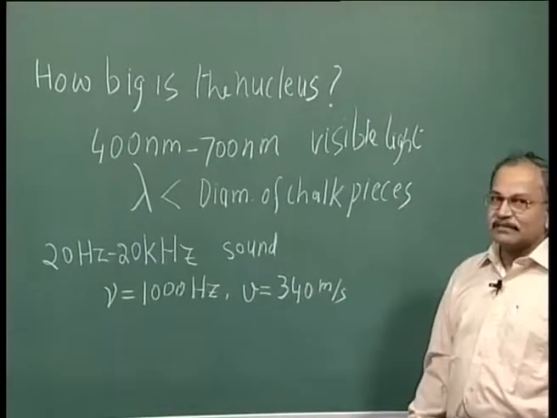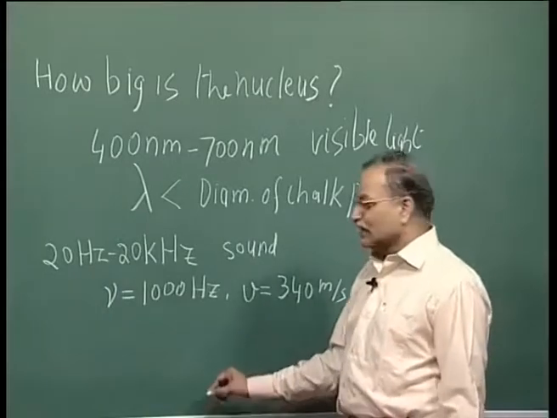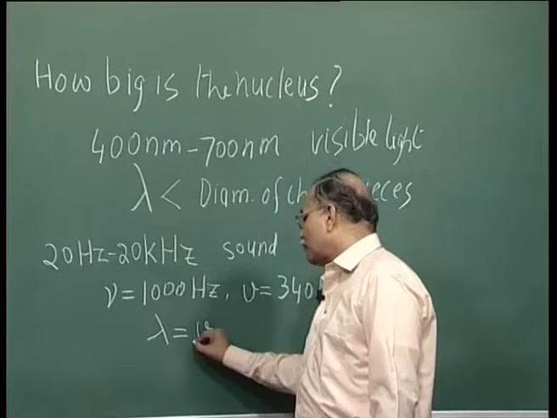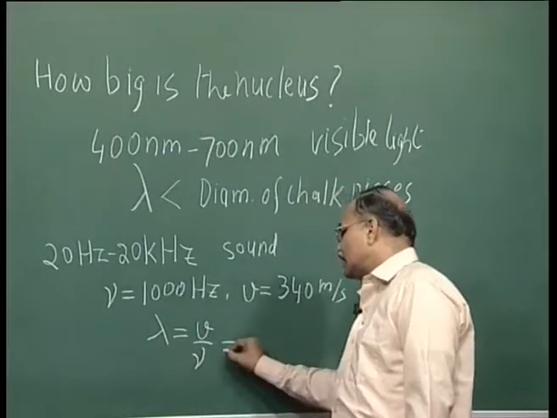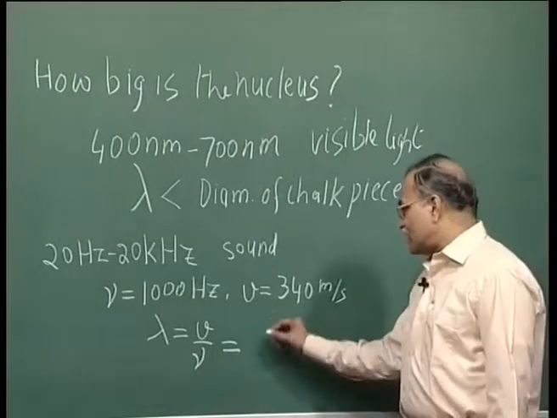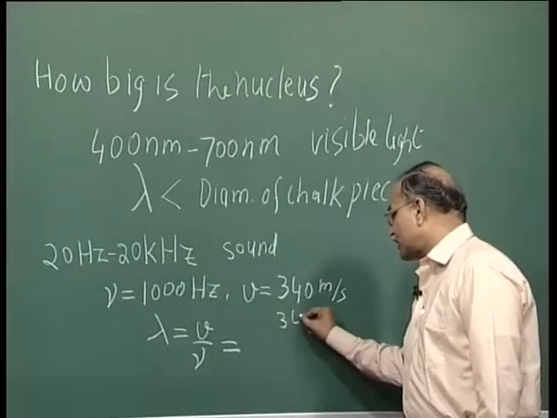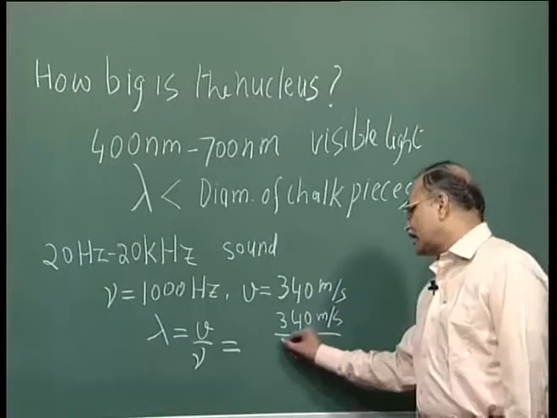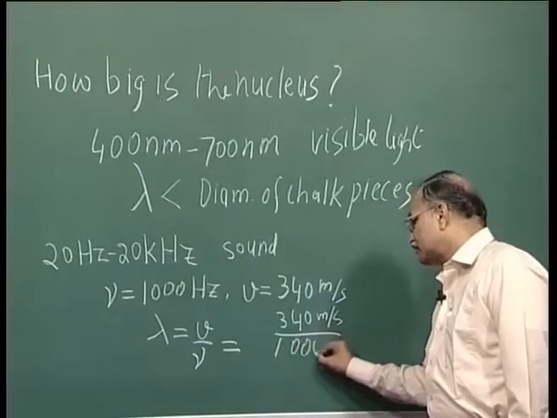So what is the relation for wavelength? Wavelength lambda is v by nu, elementary wave properties, where v is 340 meter per second and nu is say 1000 hertz.